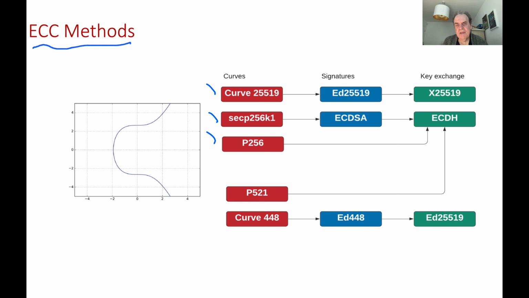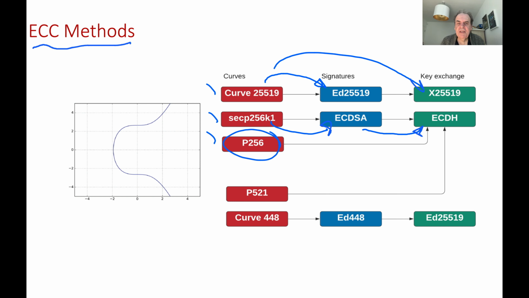Curve 25519, and that's used for the Ed25519 signature, and also used in X25519 key exchange. The secp256k1 is used in Bitcoin, and that is used with the ECDSA signature method, and also within elliptic curve Diffie-Hellman for key exchange.